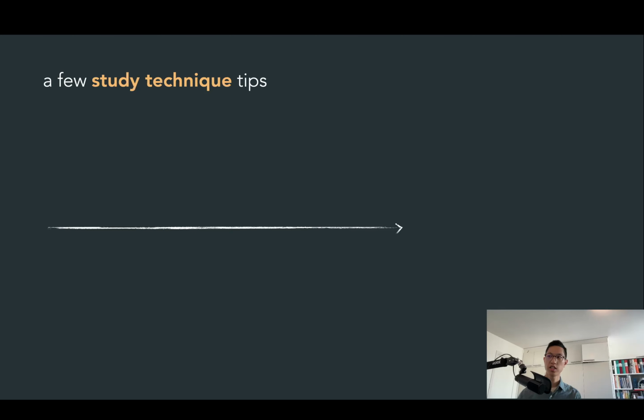So a few study technique tips. Go through the readmes and get an overview of the topic before getting into the lecture, or you can look into the lecture directly. I have put a glossary in each exercise. So take a look at the glossary, search it up. You can use an LLM for help.